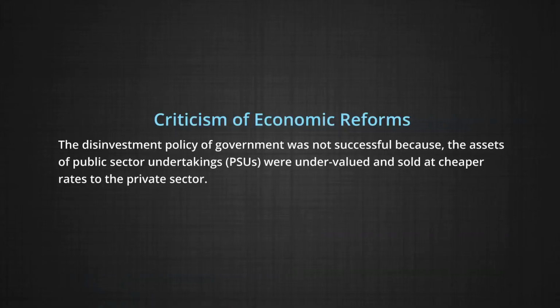The disinvestment policy of government was not successful because the assets of the public sector undertakings were undervalued and sold at cheaper rates to the private sector. Moreover, such proceeds from disinvestments were used to compensate shortage of government revenues rather than using it for the development of the public sector units and building social infrastructure in the country.